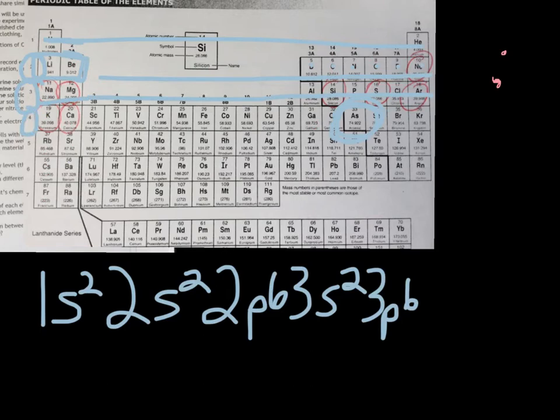Down to the fourth energy level. 4. Fill in that S energy level. 4s2. All right, so here's where things start getting a little complicated for some of us. So this drop-down portion of the periodic table here, these are extra electrons that are still being added to the atom.